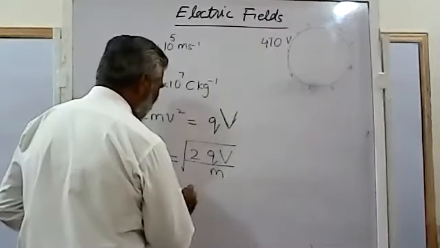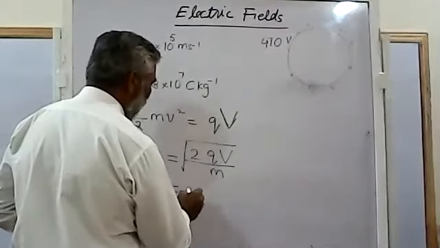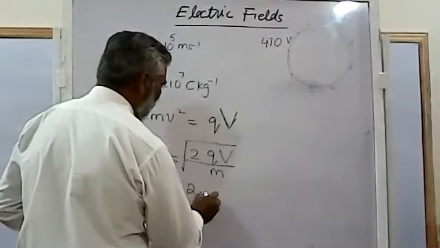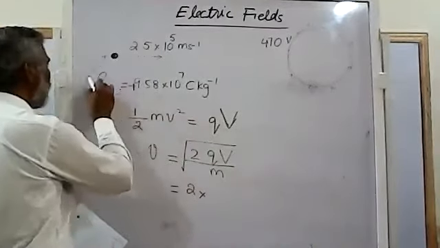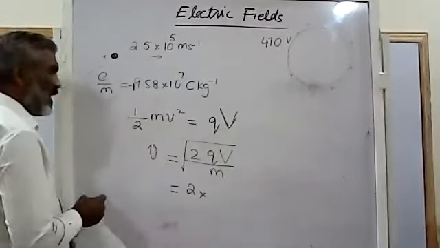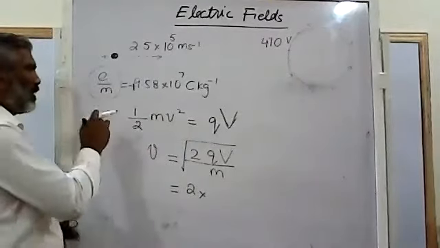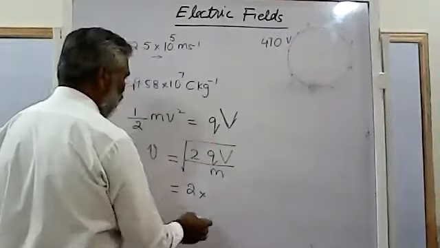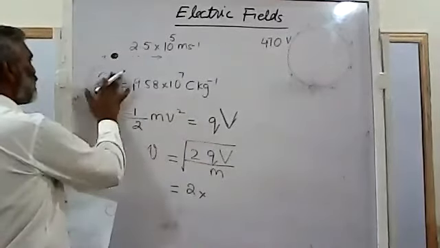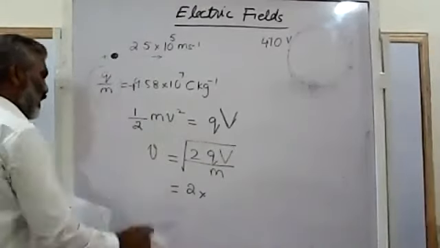If I put all these values, 2 multiplied by q over m. I have written E here. Usually E is the symbol for charge, but Q could also be written here, so let me make it Q over M to avoid any confusion.